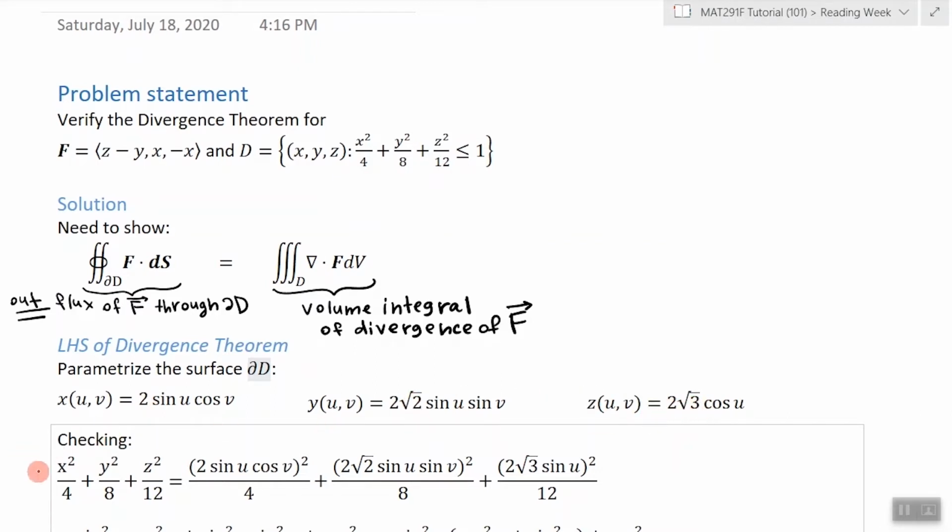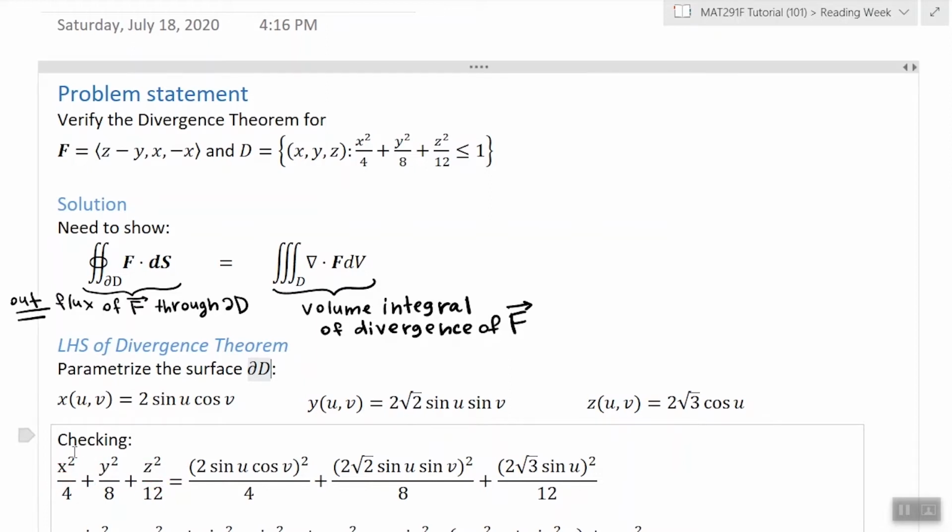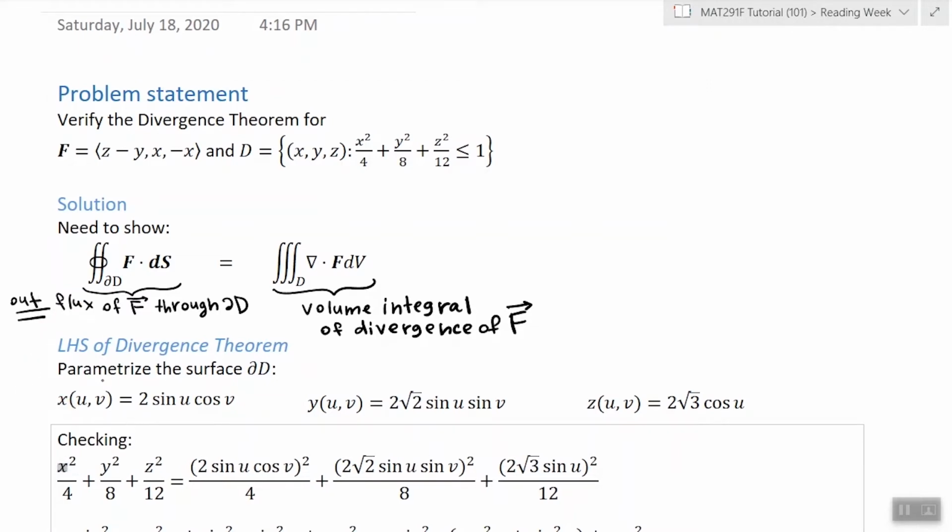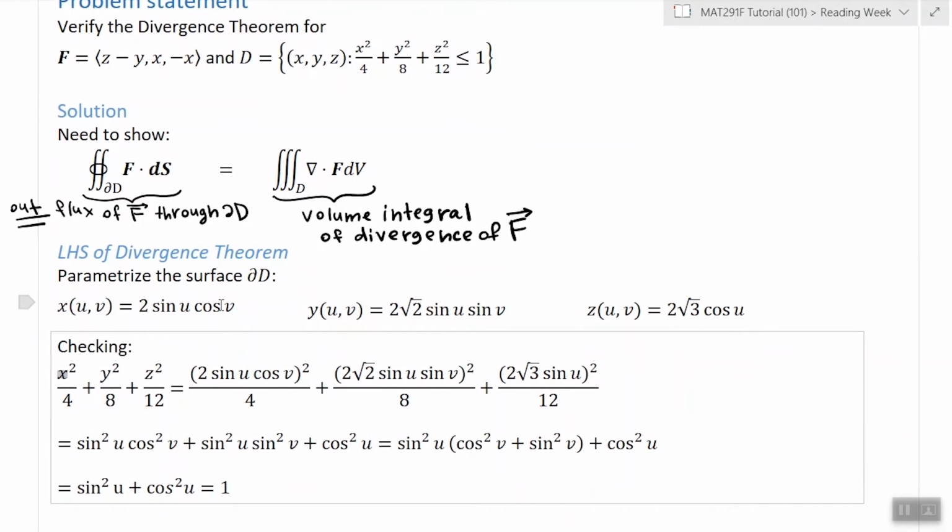And if you're not convinced, you can always check that this parameterization is correct by plugging in x, y, and z for all the expressions. So let's check. I plugged in x here, y is plugged in right here.